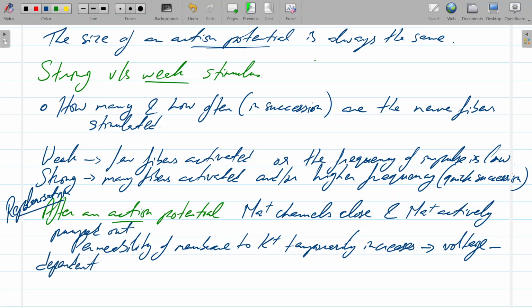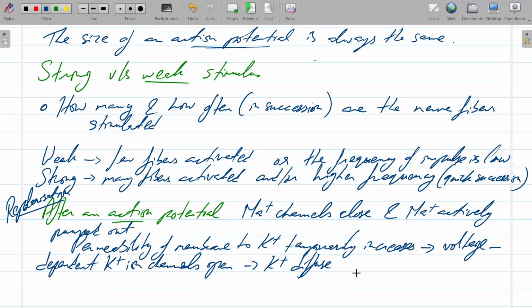ion channels for potassium open. And so potassium ions are also diffusing out. So in this case, you're losing both sodium and potassium, so you're losing all the positive ions.